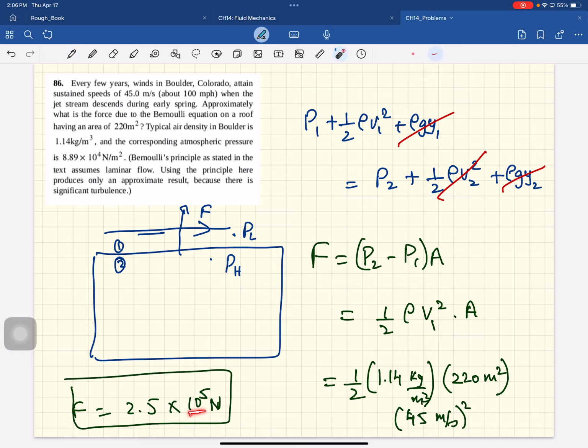If you divide that by 10, that's 2.5 times 10 to the 4 kgs. That's roughly about the weight of 3 school buses. So you're pushing upward on the ceiling with a force of 3 school buses. All those hinges better hold on to it real hard.